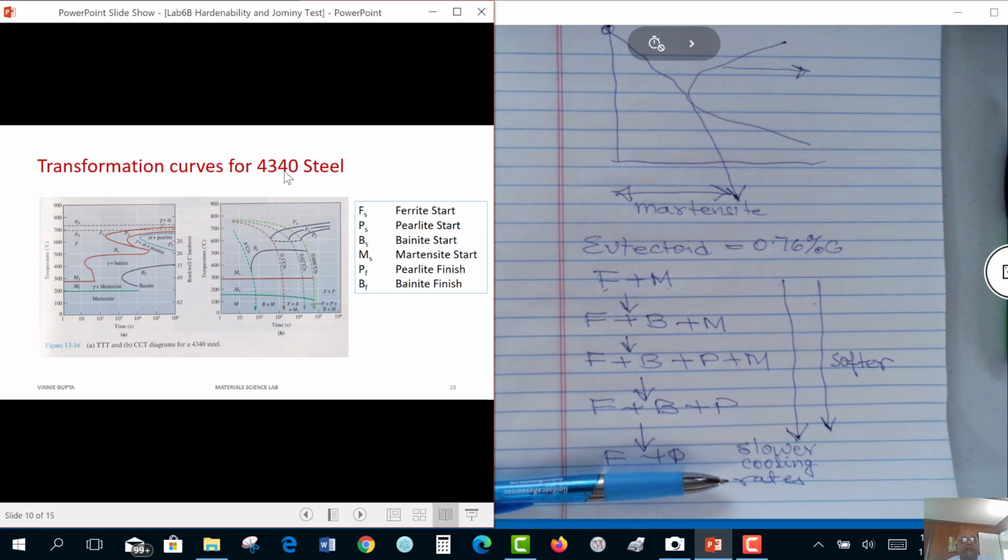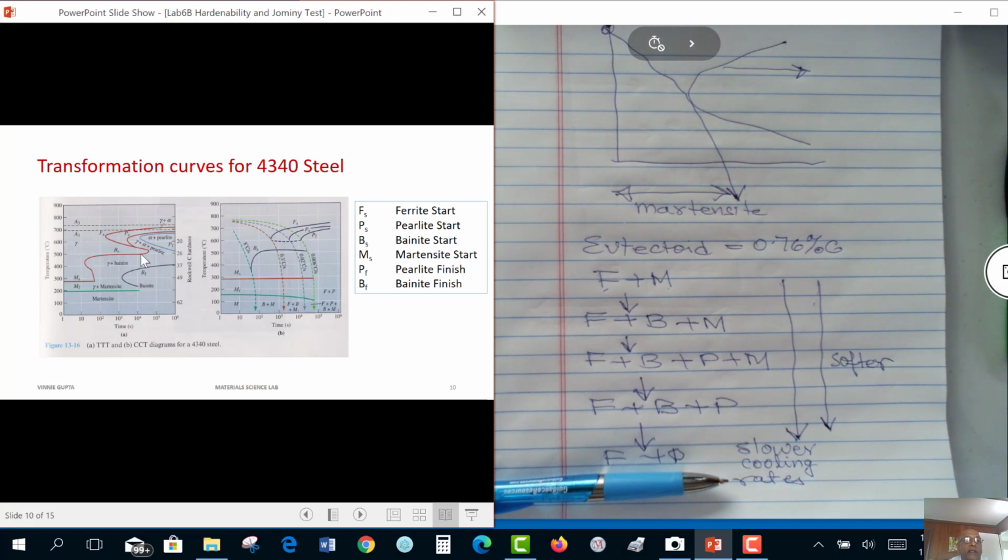So here is a 4340 steel. We'll talk about the composition later on because we are going to test it. But again, notice it also has 0.40% carbon. Here you can see these are the isothermal transformation diagrams, and you can see pearlite start, pearlite finish, bainite start, bainite finish.